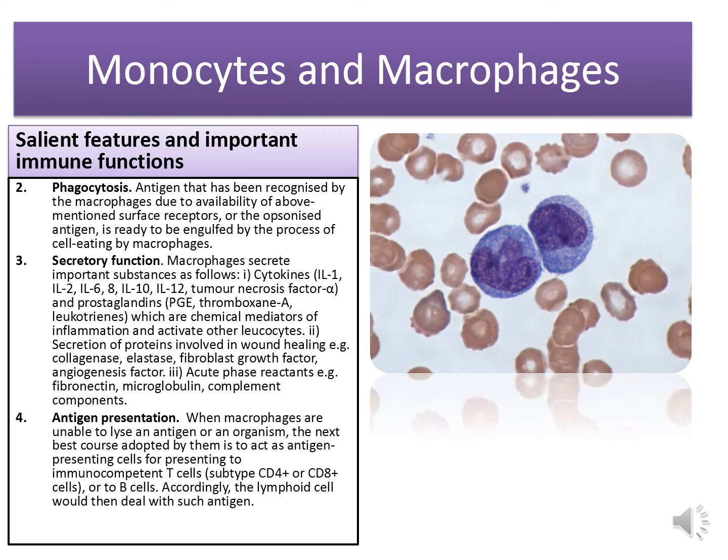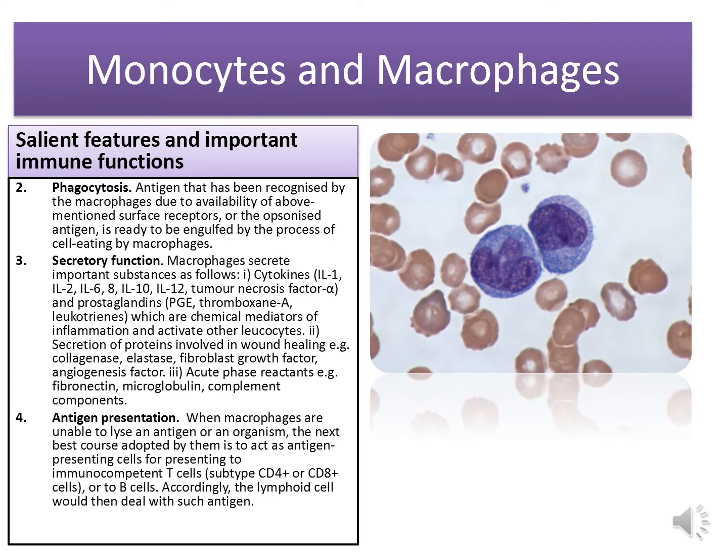Second feature, phagocytosis. Antigen that has been recognized by the macrophages, due to the availability of the above-mentioned surface receptors, or the opsonized antigen, is ready to be engulfed by the process of cell eating by macrophages. Then the third function is secretory function.